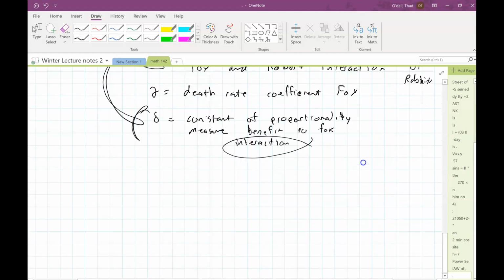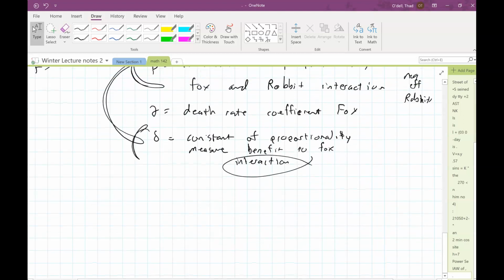Okay, so now that we have all this stuff defined, because there are so many different parameters and two different dependent variables, we can't really represent this as just one equation. So what we do is come up with a system of differential equations.